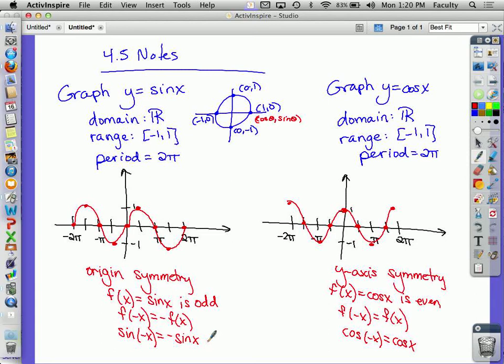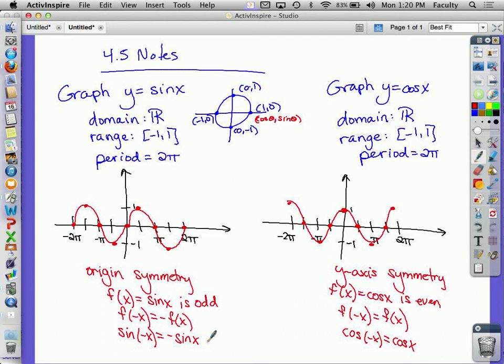All right, so let's take a moment and just let this sink in. So sine and cosine, for their parent functions, their domain, range, and period are the same. What's the only difference on the graph? I mean, they're very, very similar. Cosine is shifted to the right one.